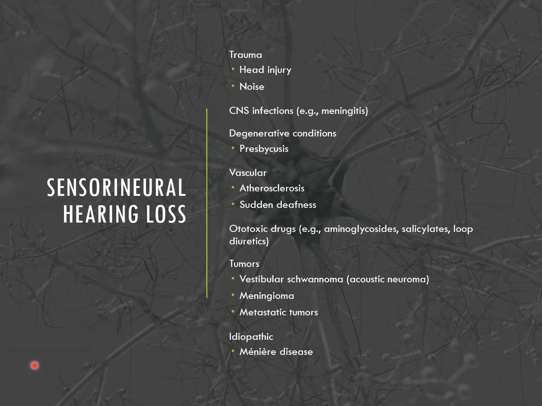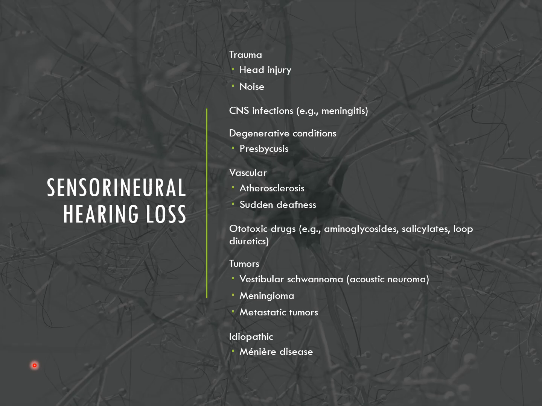It can be caused by degenerative conditions like presbycusis that we see in aging. It can be caused by vascular conditions that reduce blood flow to the inner ear, like atherosclerosis. If there is sudden loss of blood flow, it can cause a sudden deafness as that ischemia damages the inner ear.